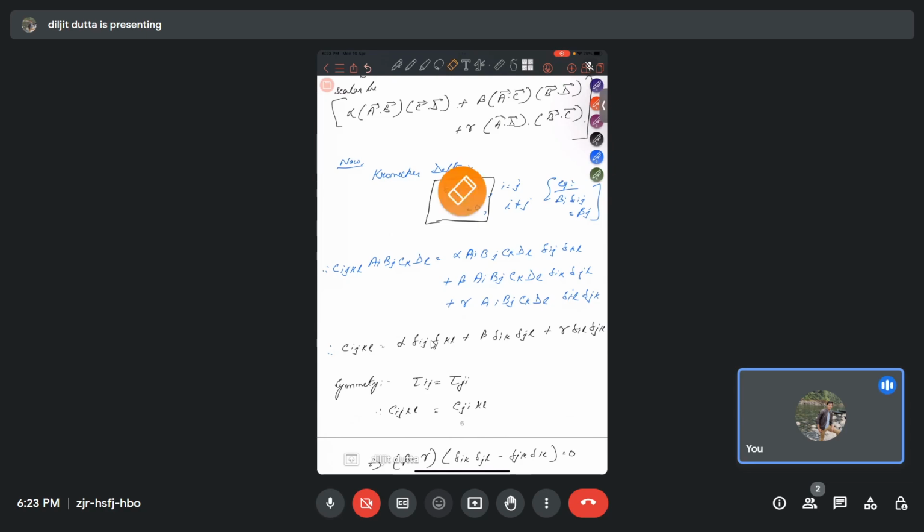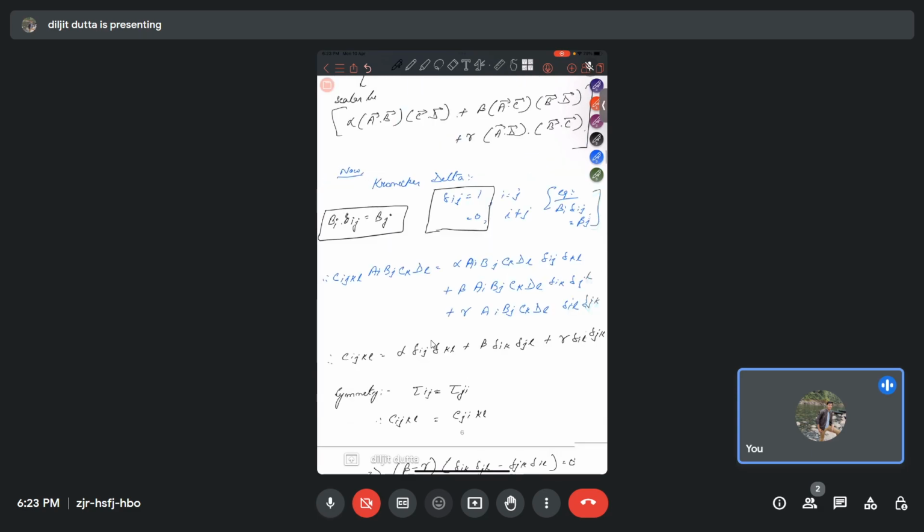There is one property of delta ij: if you multiply a vector b_i with delta ij, you will get b_j. This property will be very useful in our derivation, since we are using the vector notation.